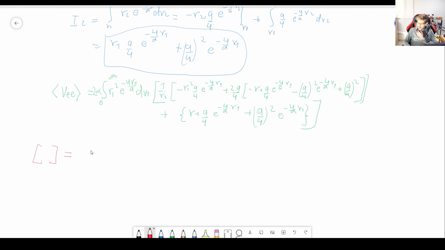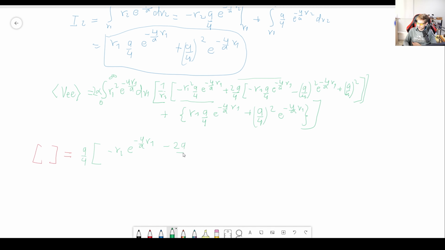So in the parentheses I'm going to get minus R1 a over 4, and I can factor out a over 4 from everywhere. So I'm just going to write it as a over 4, and then we get minus R1, so it's this part, e to the minus 4a R1, and then a minus here. Then comes this first term: minus 2 times a over 4, which is outside, and this R1 will be cancelled by this.